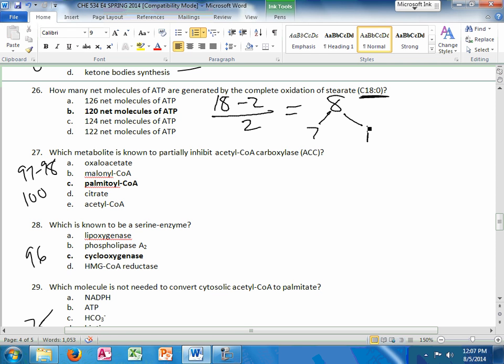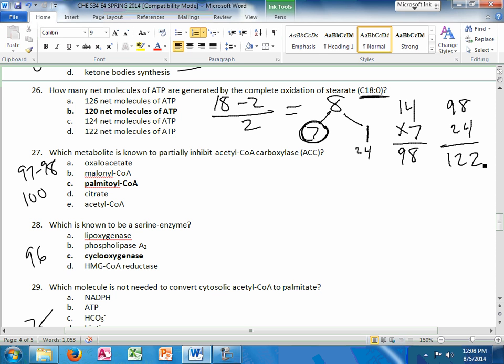For each of these, you can see the details of this on the ATP slide for where exactly all this is coming from. For all the other rounds, 14 ATPs are generated. So 14 times 7 is 98. And then in the very last round, there's going to be 24 ATP created. So we're going to do 98 plus 24 is 122.